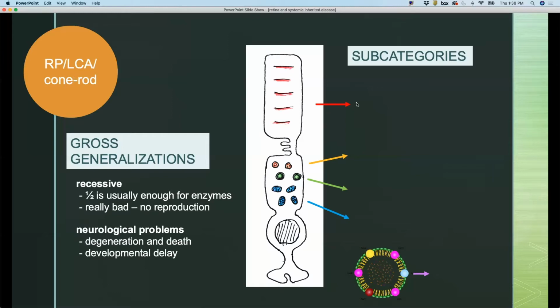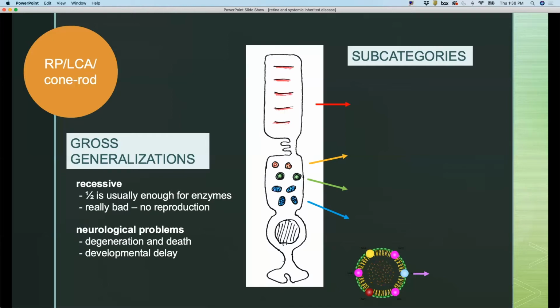So this might be kind of not intuitive, but what do you think I'm trying to indicate by this red? Yeah, I know rods and cones are different in the fact that they have those discs, these are the outer segments.